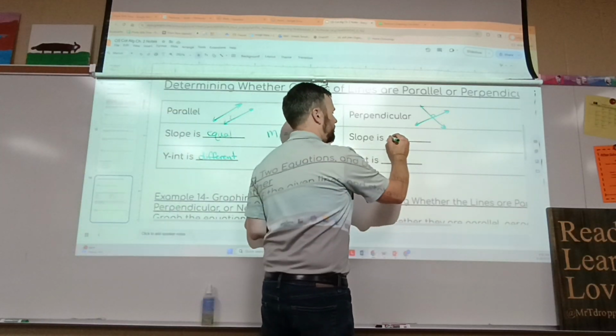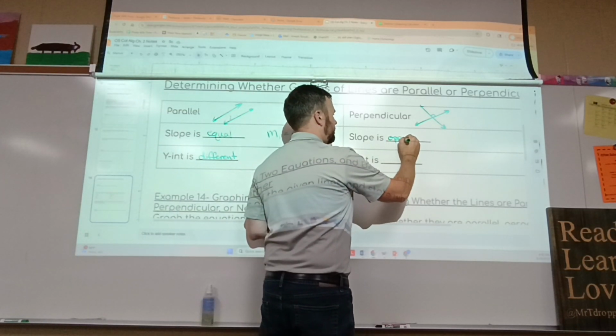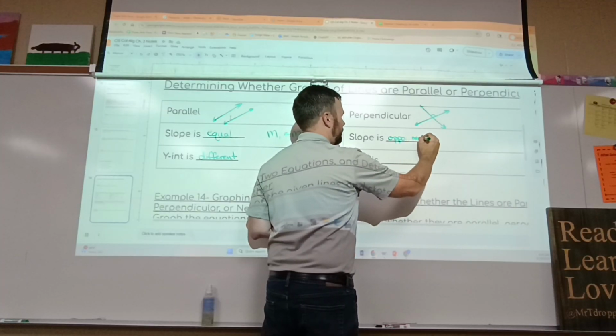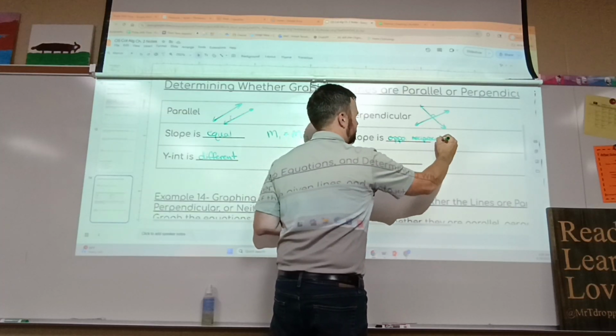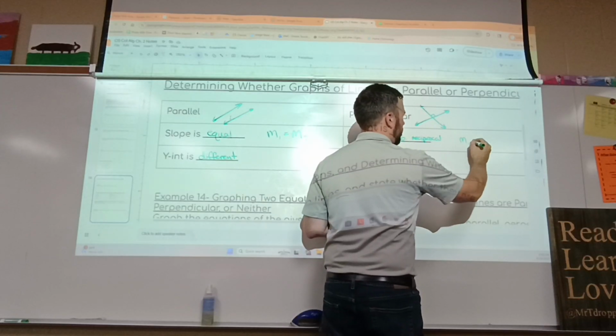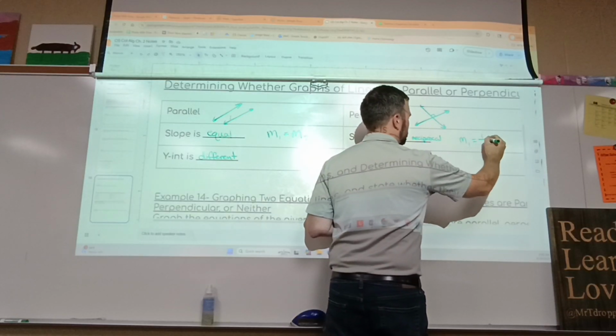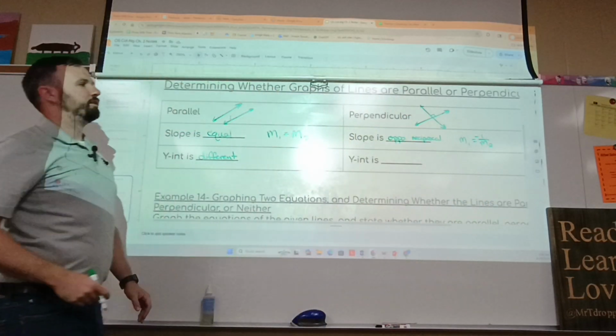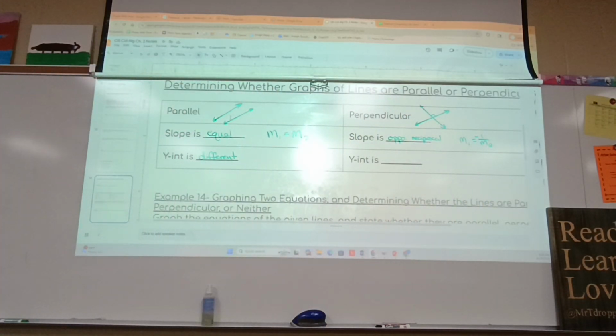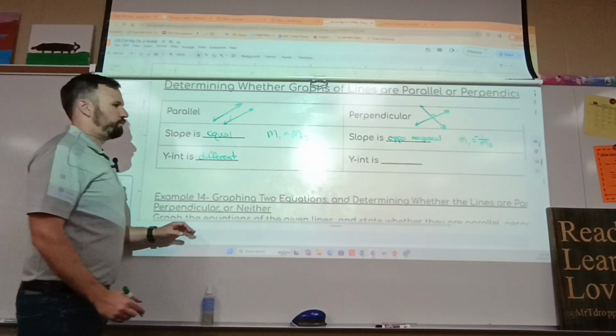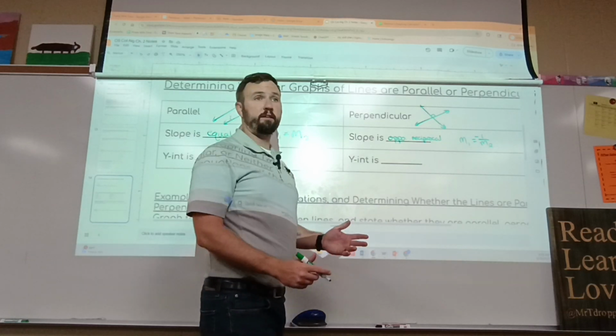The slope is the opposite reciprocal. So the slope of 1 is equal to 1 over the slope of 2, negative style. You flip it and negate it. You have to do two things to it. Okay? The y-intercept doesn't matter.